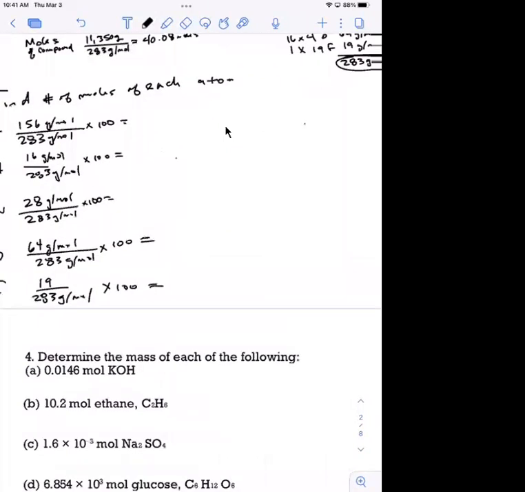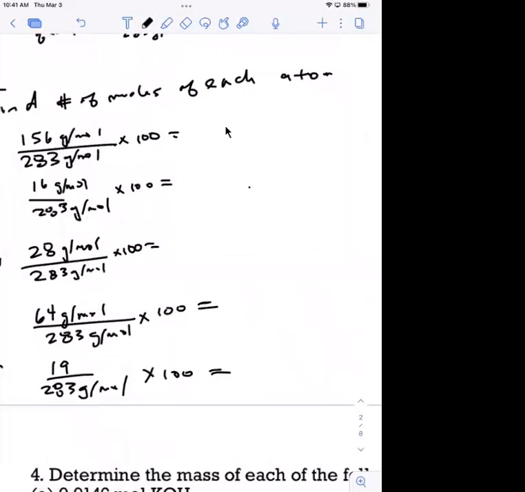So what is the first number? 156 divided by 283. Let me just get one person to give me each percentage.